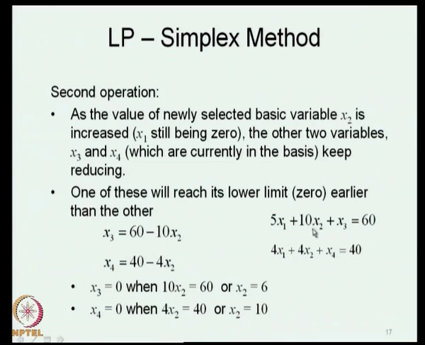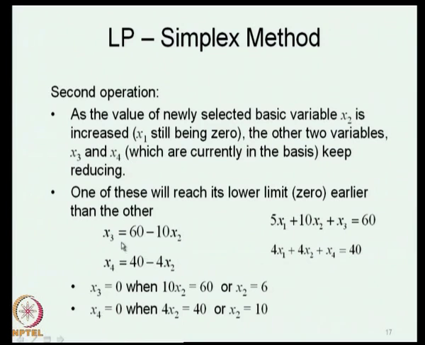As you start increasing x2, because of the first constraint, x3 starts coming down. Because of the second constraint, x4 starts coming down. One of these, either x3 or x4, will hit 0 earlier than the other variable. Let us see which one hits 0 first.